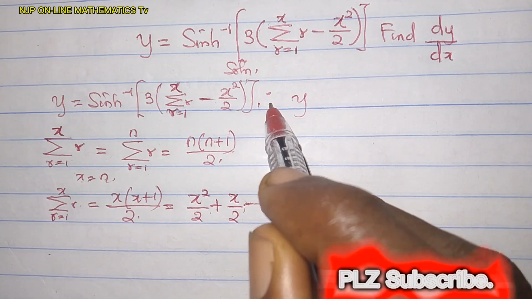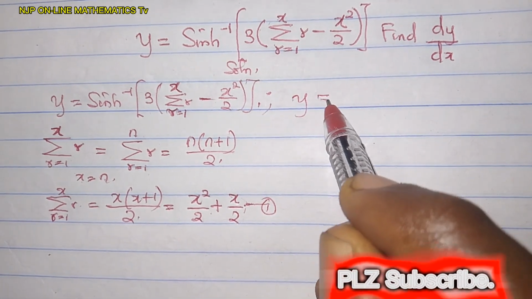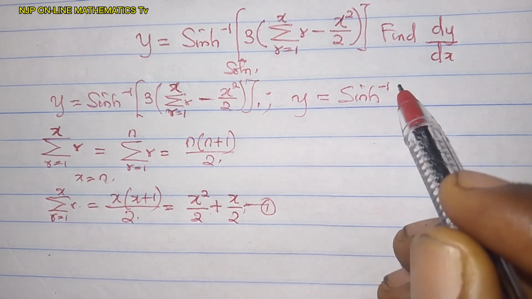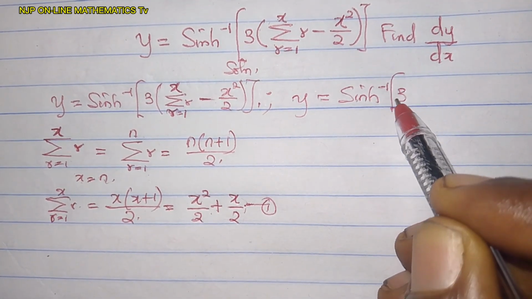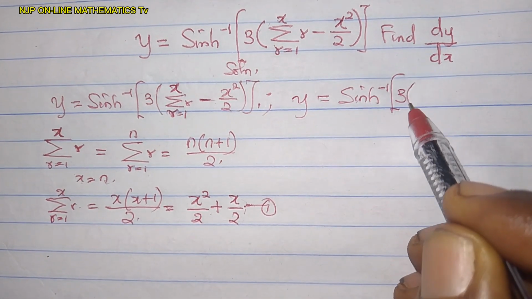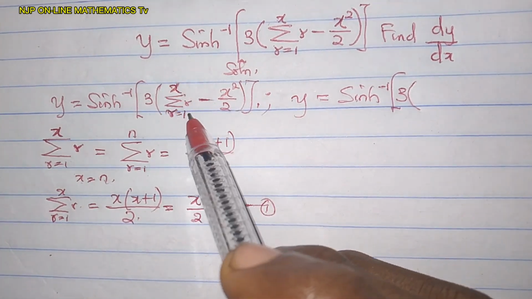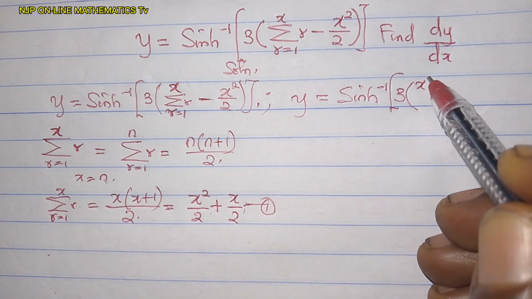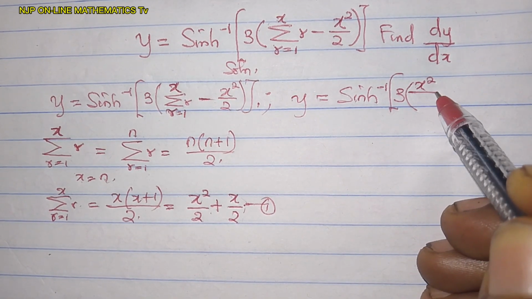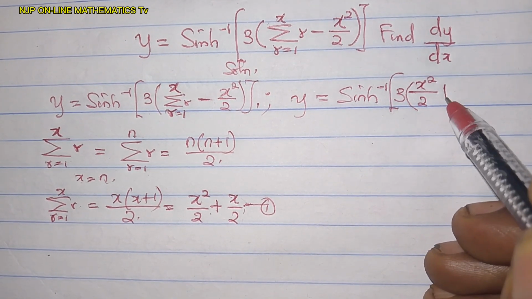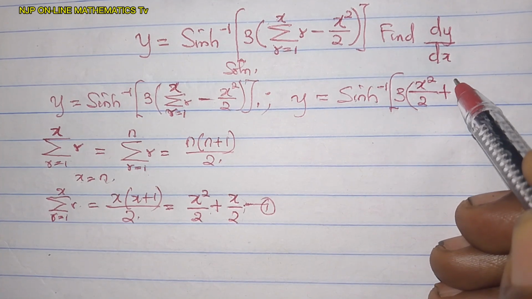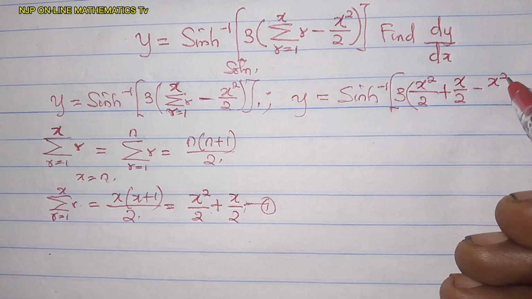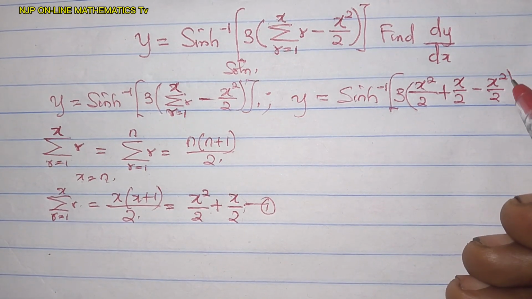So in the equation here, we have y equals the sine inverse of 3 multiplying the whole of this, which has been simplified to be this. So we have x squared all divided by 2 plus x divided by 2 minus x squared divided by 2.